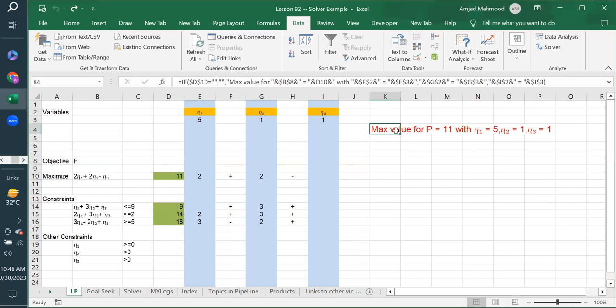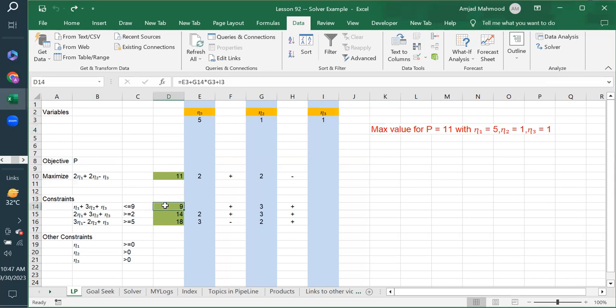So what this command is saying is it checks if it is blank. If D10 is blank, then nothing is written in here, right?